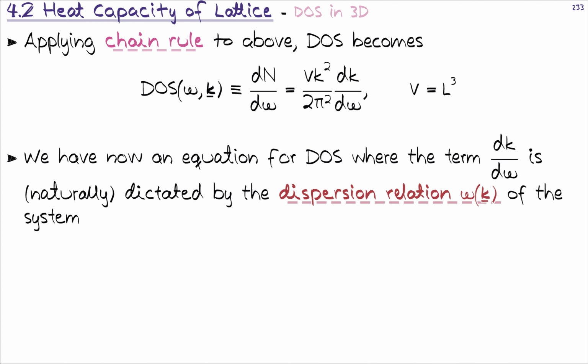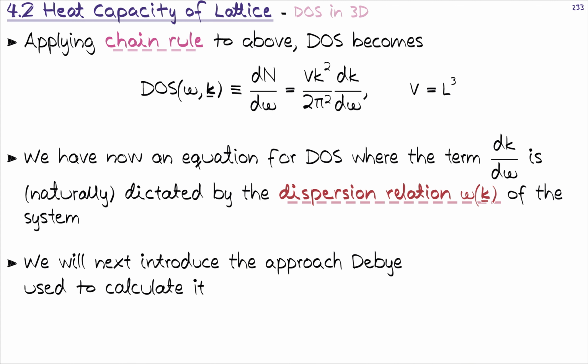So once we know the dispersion relation, we can calculate the derivative of k with respect to omega. And this is the key point that Debye solved: how do you solve this term, and how do you proceed in calculating the actual integral.